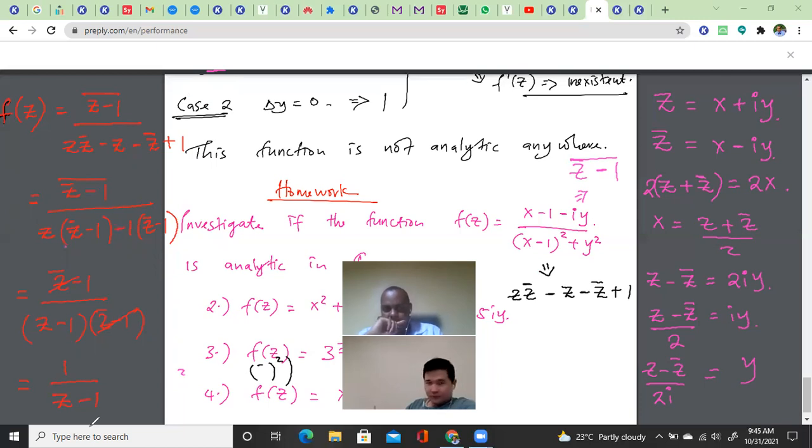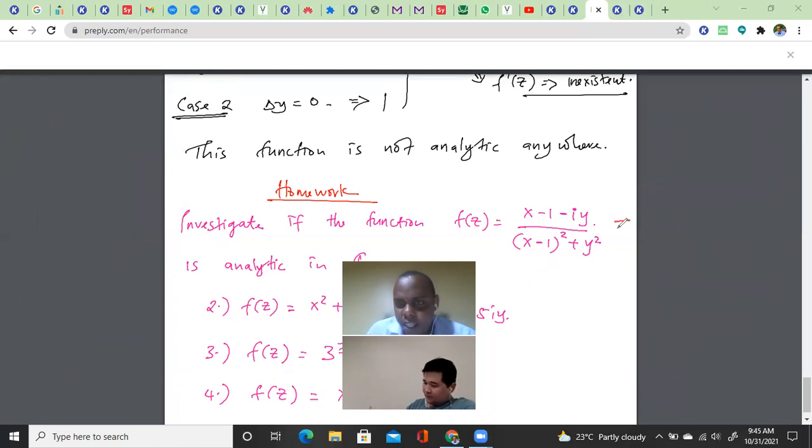So I hope you've written all that. Our function f of z is equal to 1 over z minus 1, right? Yes. And we are checking whether the function is analytic.